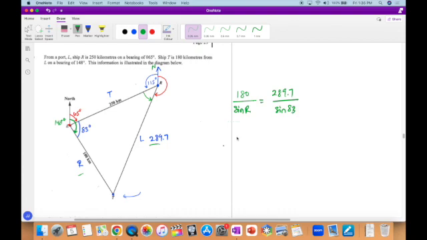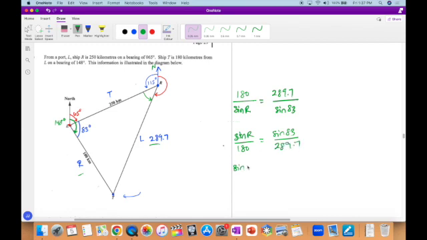We could flip this, so sine R over 180 is equal to the sine of 83 over 289.7.